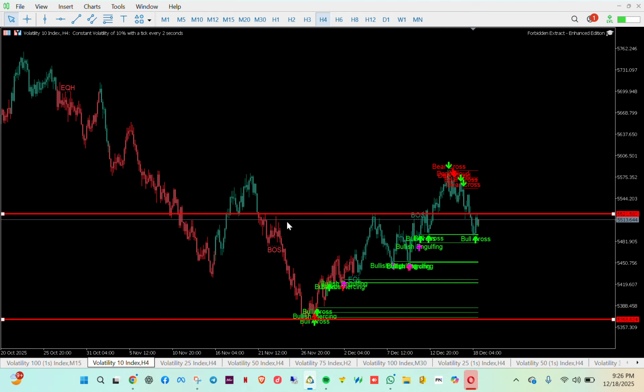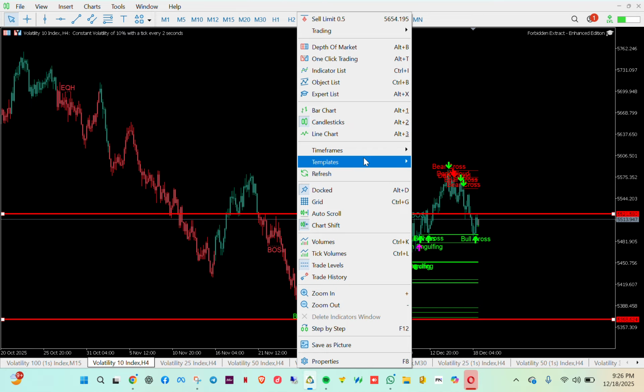If you had entered here, you are going to be targeting this last low as your take profit. But if you enter here, the market only got to this place before it started going up, reversing to the upside. So something must have happened. The market must have printed a change of character. Do you understand? Now let's go to 1 hour time frame to check.